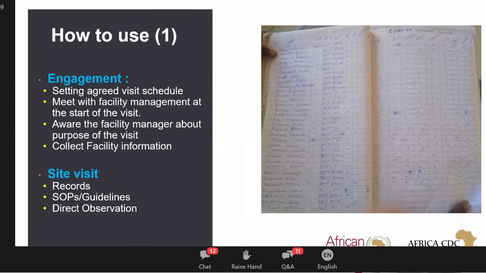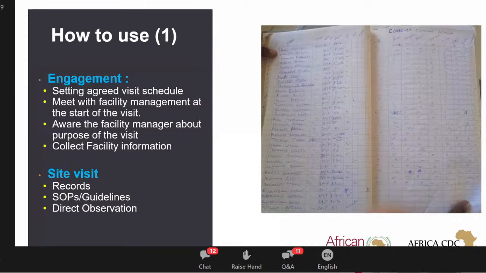As you can see from my picture, this is a kind of registration used in the health facility. It is a big registration book. Details of the client are registered. So the observation part also includes this kind of thing, in addition to encouraging the recording system.